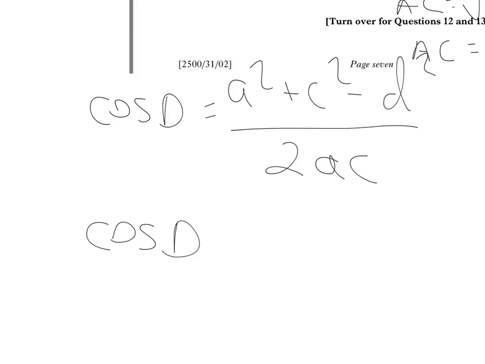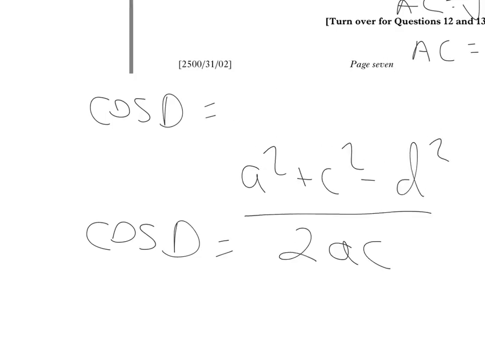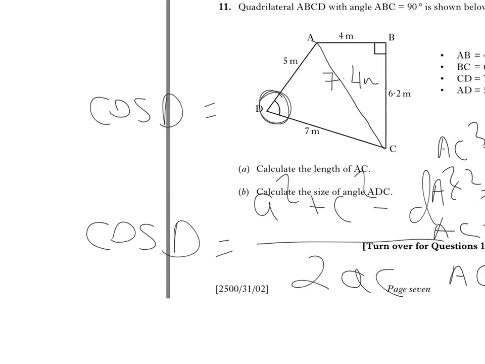So cos D equals, and I'm just going to go back and get that information. So A squared is 7 squared plus C squared is 5 squared. Take away D squared, which is 7.4 squared.